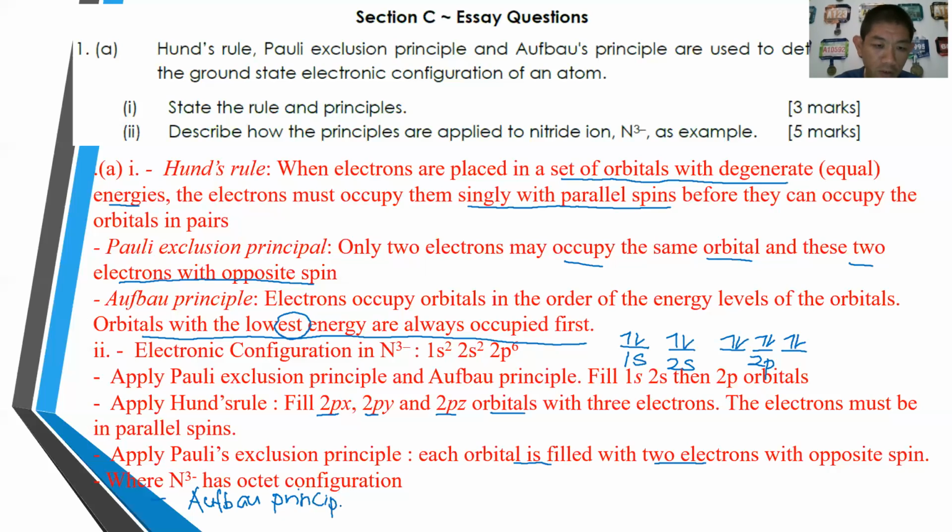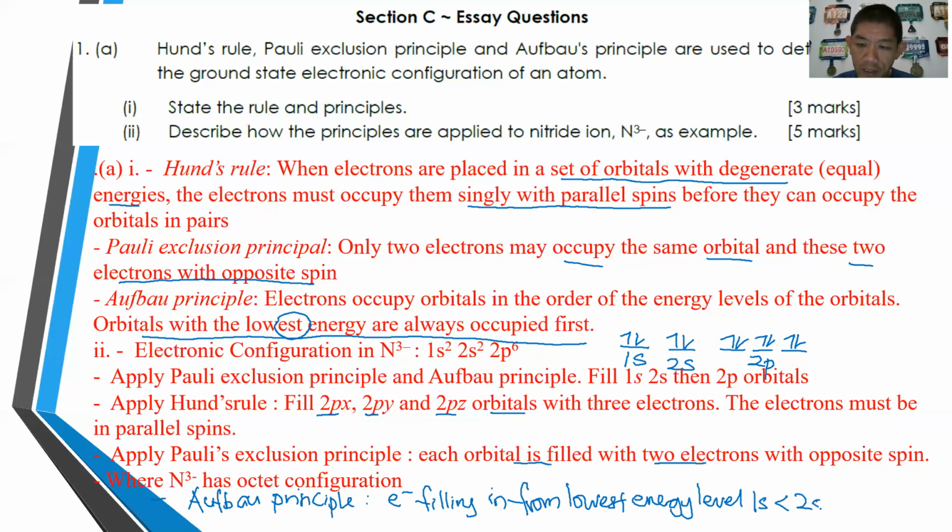You have electrons filling in from the lowest energy level of 1s to 2s to 2p. So this is how you're going to explain how you fill in the nitride ion.